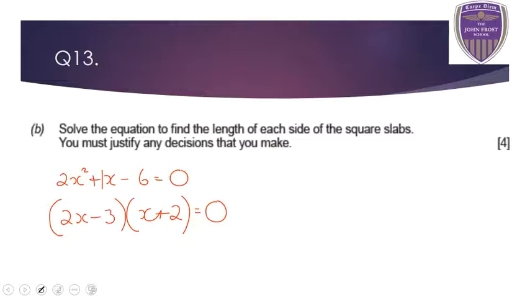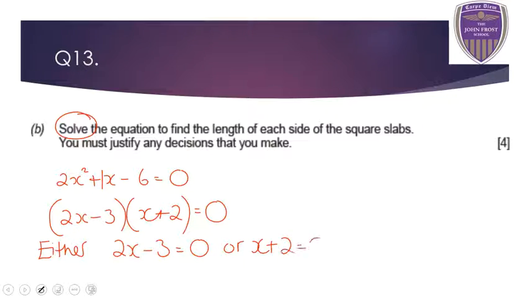Now, that's factorising. When you've got to solve, one of these brackets must be 0. So either 2x minus 3 is 0, or x plus 2 is 0. And at that point, if you want to keep the bracket in, you can. You don't have to.